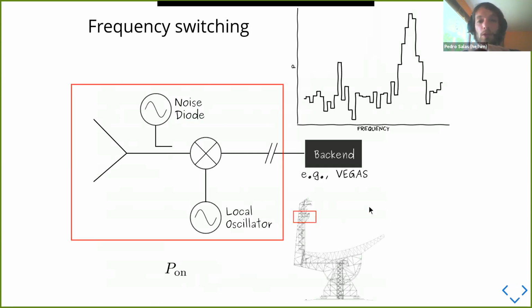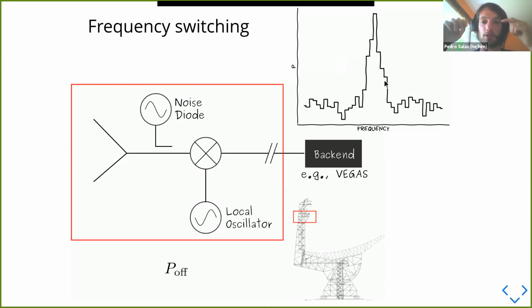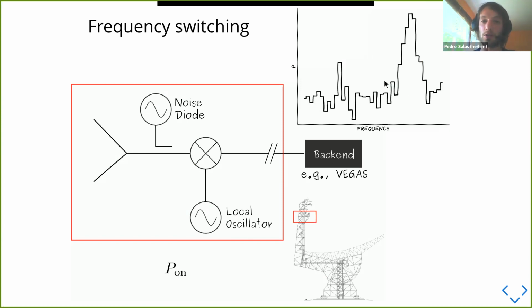The other method is frequency switching, where, as shown up here, you're basically switching the frequency of the local oscillator so that the line of interest appears at a different channel each time.